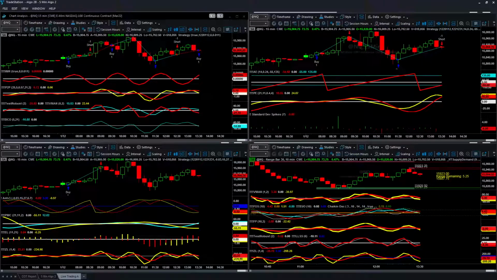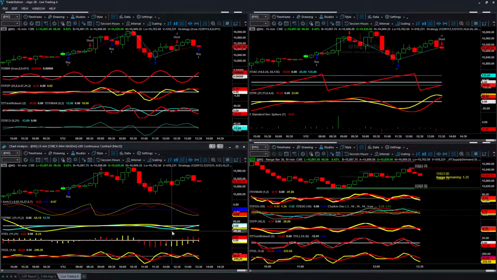But after 2 o'clock, between 2 and 3:30, that's when you start getting a lot of movement again. All right, it's going 150.